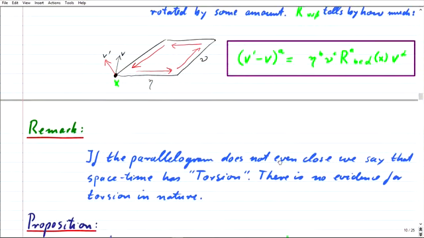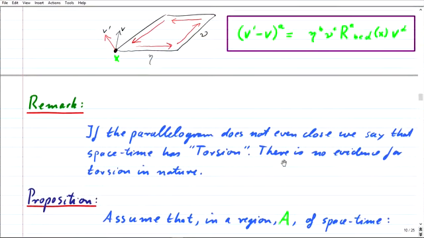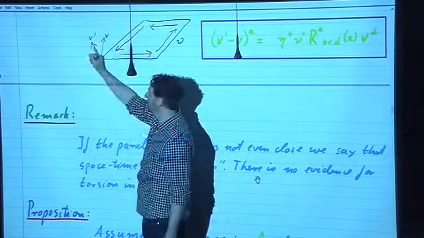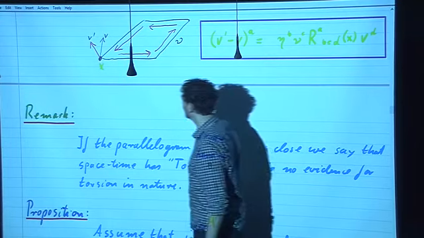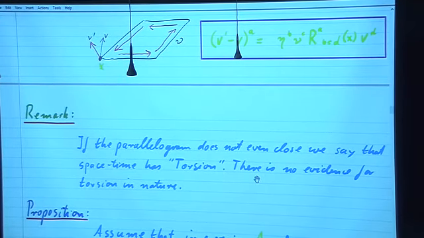Okay, so we can calculate that effect. And that effect, namely that in the course of a parallel transport along the boundary of an infinitesimal parallelogram, vectors will rotate or will not rotate, is, of course, a coordinate system independent statement.